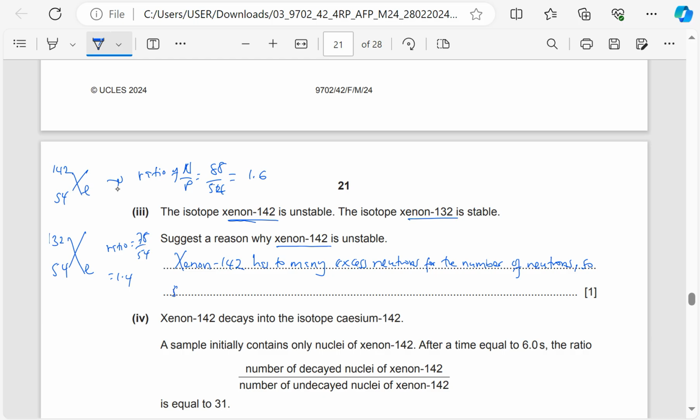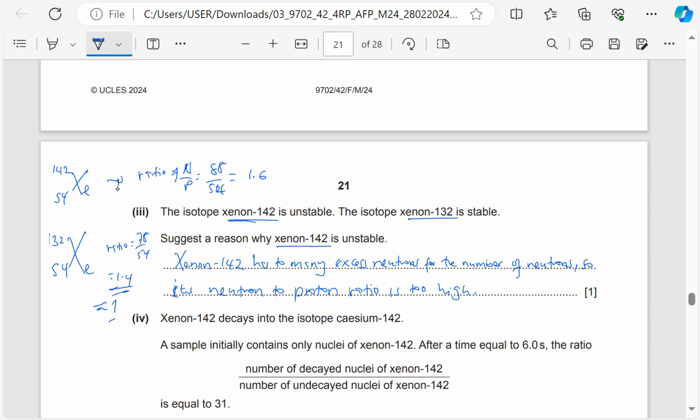So its neutron to proton ratio is too high. You'll always find that most stable nuclei have a neutron to proton ratio which is very close to 1.